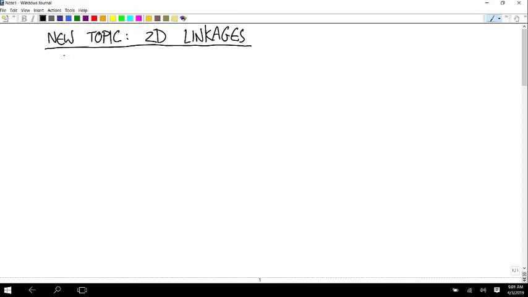And linkages are collections of rigid bodies connected by joints. So this is an example of a 2D linkage. The 2D just means that everything moves in the plane.